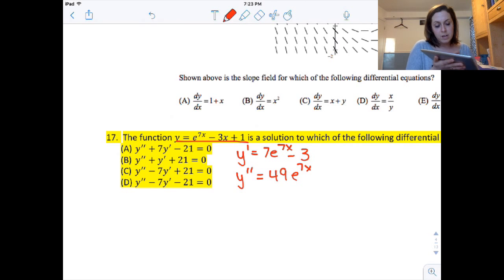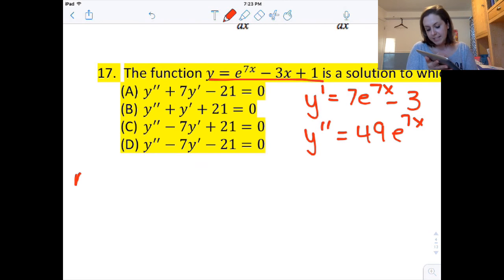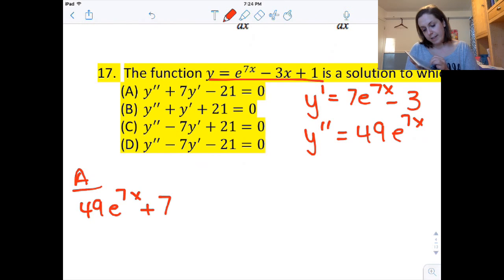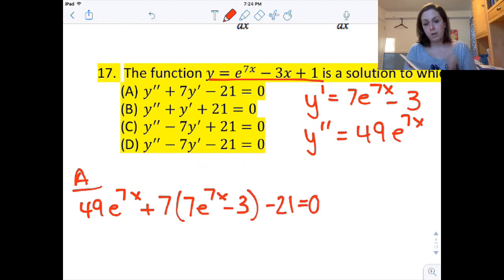So let's start with A. A says y double prime, which would be this, plus 7y prime minus 21 equals 0. Let's see if that's true.